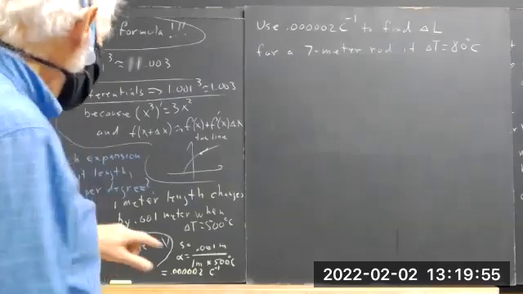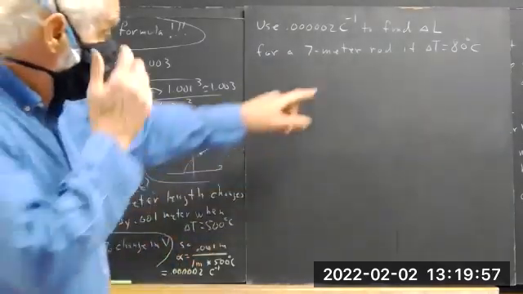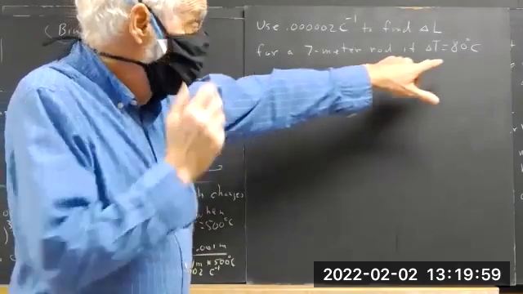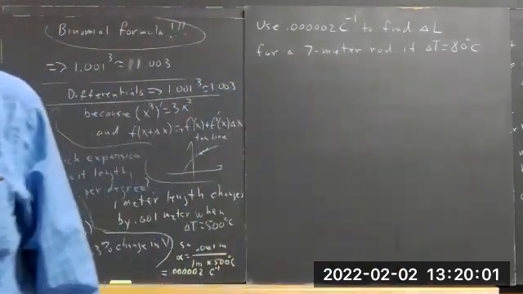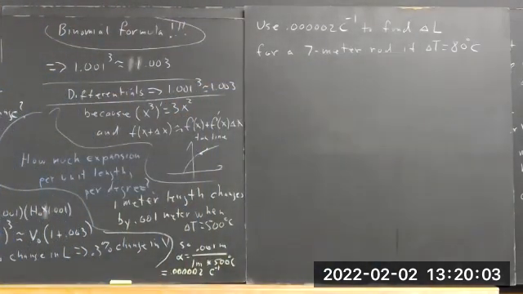We want to use this coefficient to find delta L for a 7-meter rod if delta T is 80 degrees. So can we do this?